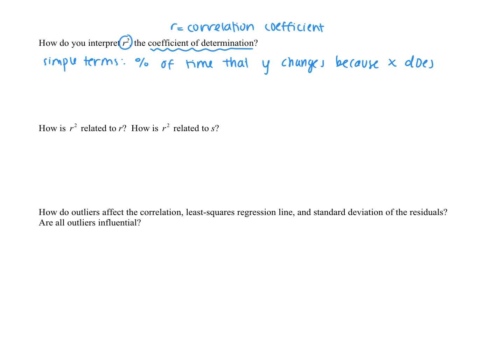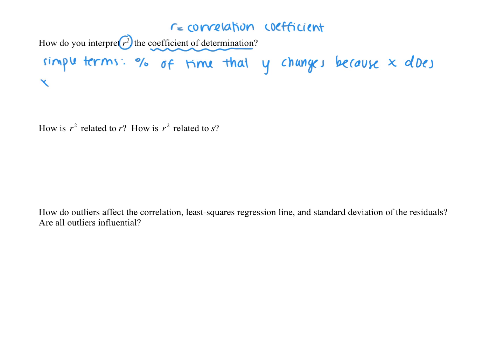So the data set that we were just looking at, the hospital one, R squared was 0.5. So that means 50% of the time Y is changing because X does. The other 50% of the time, Y is changing for some other reason, called unexplained variation.